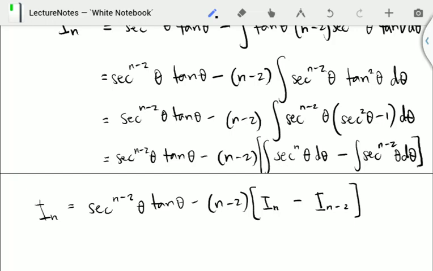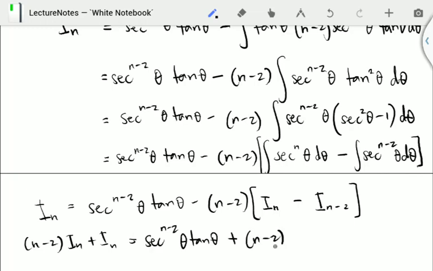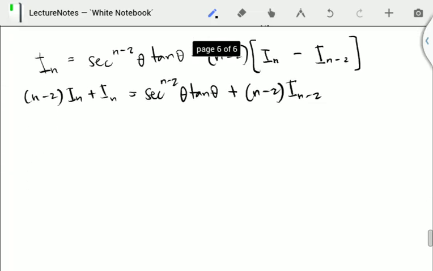All right, so now what happens? Now you have (n-2) I_n here. We can put this term on the left-hand side. The left-hand side will give us (n-2) I_n, because that's negative, it becomes positive on the other side, plus I_n. That's equivalent to sec^(n-2) theta tan theta plus (n-2) multiplied with I_(n-2).